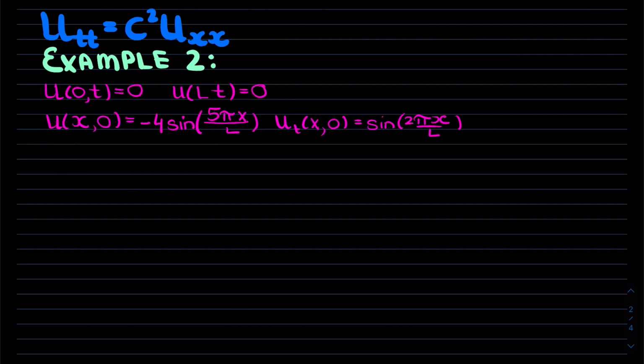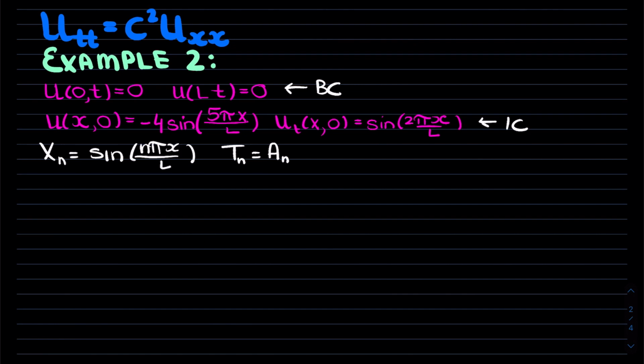Now, example 2 is a little bit trickier than example 1, but it's still not too bad. You'll see that we have two non-homogeneous initial conditions, these being our initial conditions, these up here being our boundary conditions. So going through the process of separation of variables, you should be able to find that your X of n equals sine n pi x over L, and that the T of n is just going to stay in its most general form possible because we don't have any homogeneous conditions.